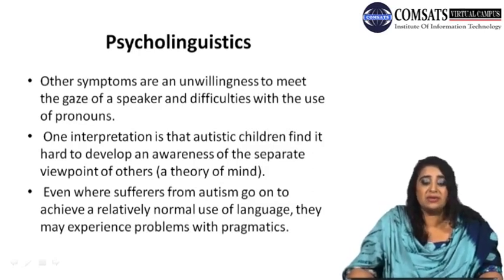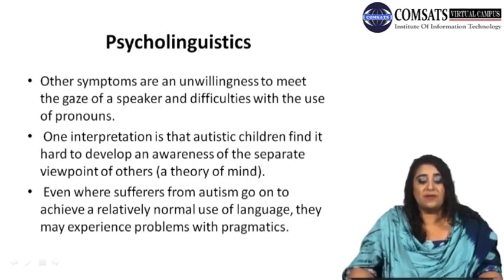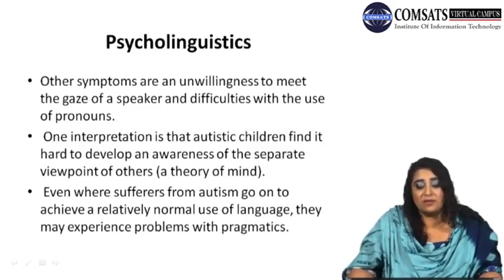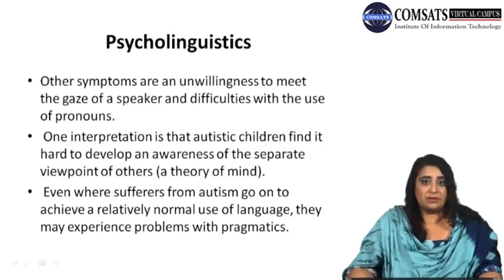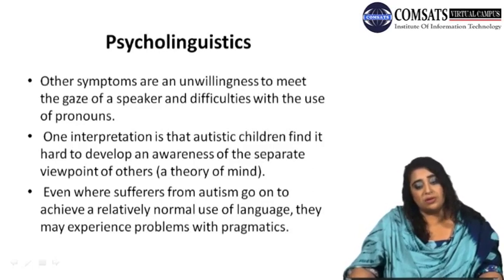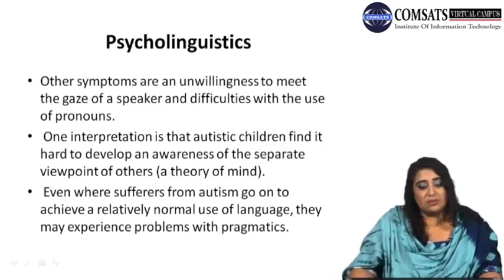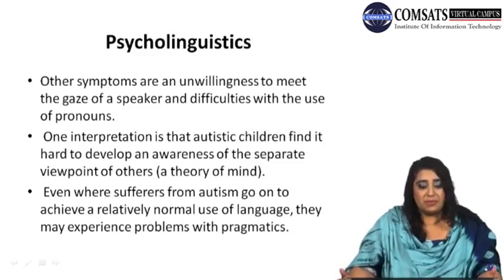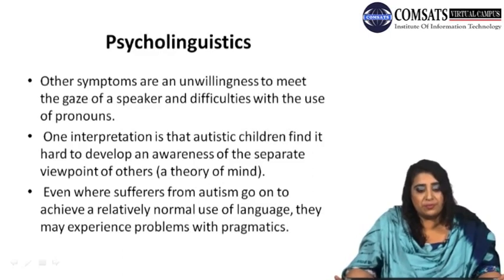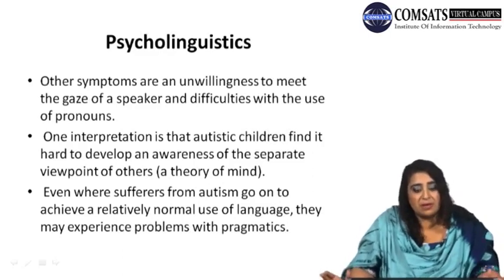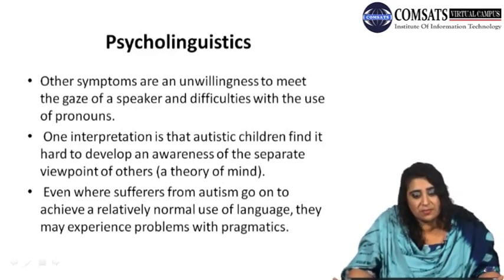Now, one interpretation is that autistic children find it hard to develop an awareness of the separate viewpoint of others, a theory of mind. So one interpretation would be that the autistic child would find it difficult to develop an awareness of separate points of view of others, how the mind works, or the theory of mind.